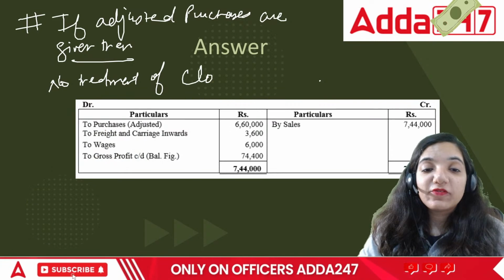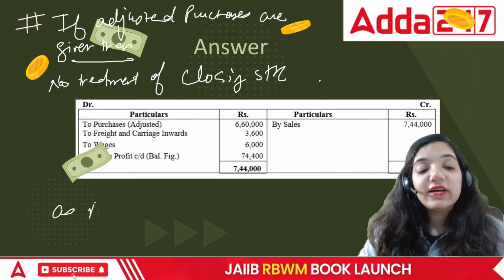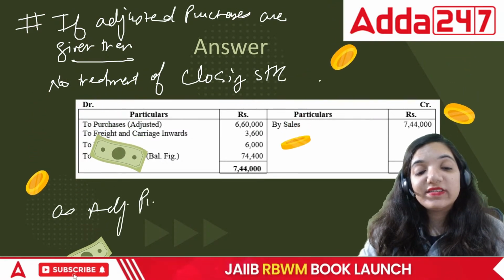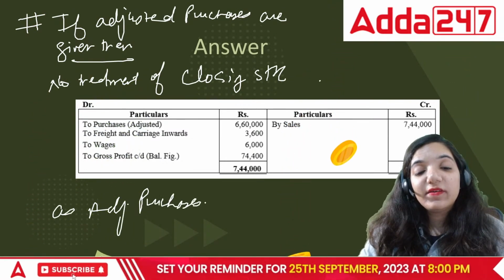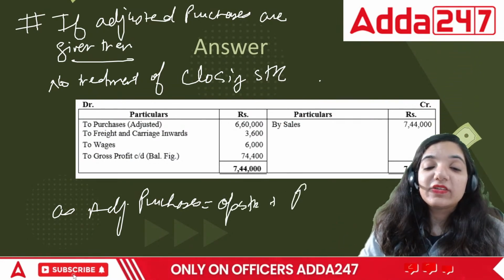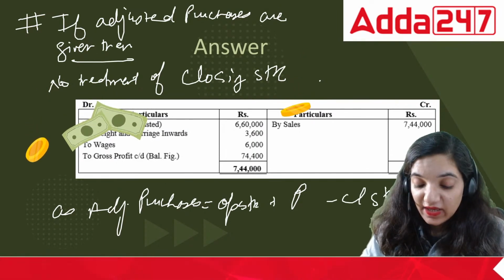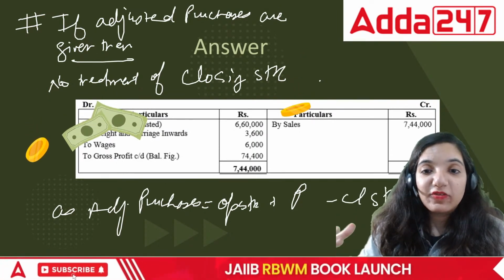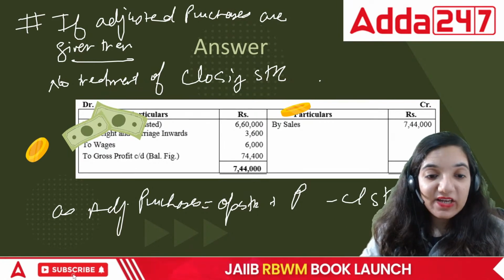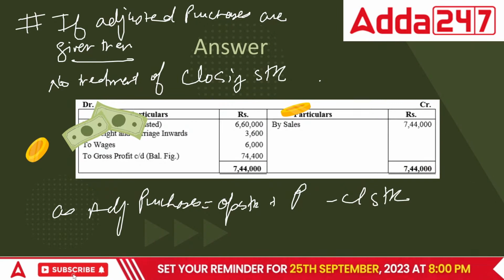Adjusted purchases itself means opening stock plus purchase minus closing stock. Okay? We're not gonna write this particular amount of closing stock as many times as possible. It would be written only once in this trading account.